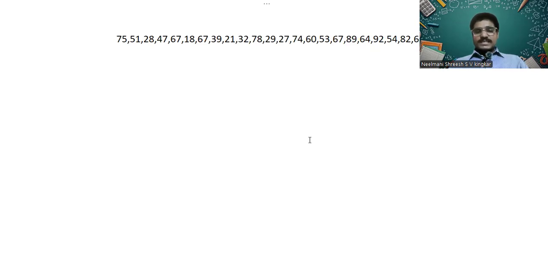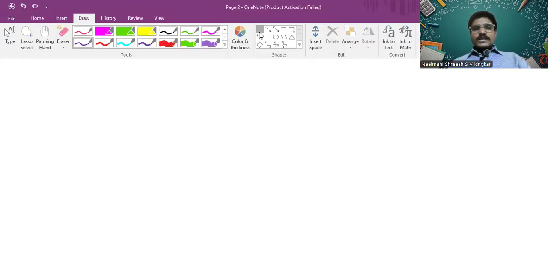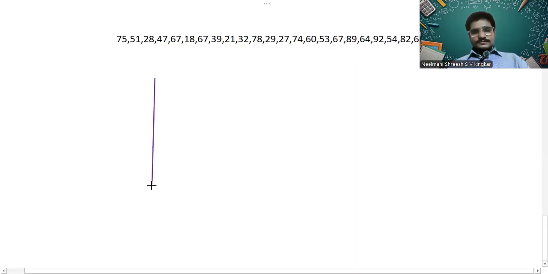Basically, you are seeing some data here. The vertical lines are known as the stems, because we'll try to identify some numbers that are common. For example, you see a 75, a 51, a 28.